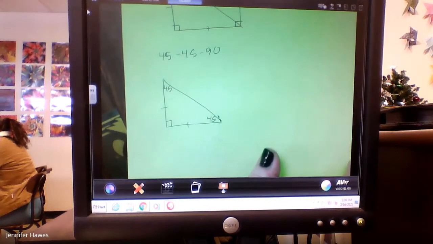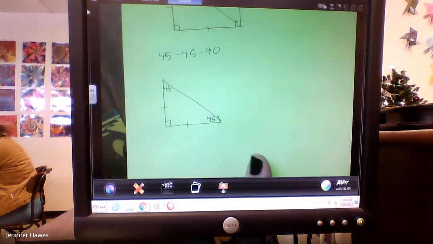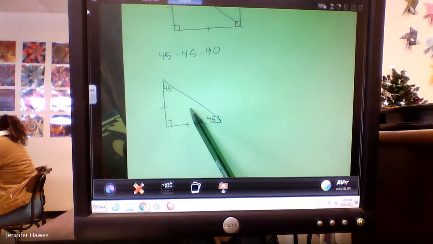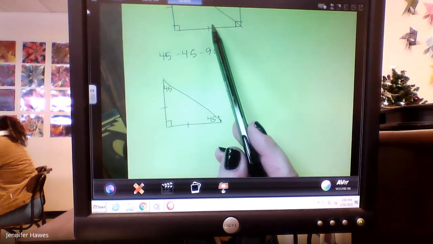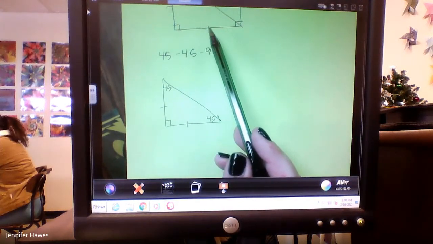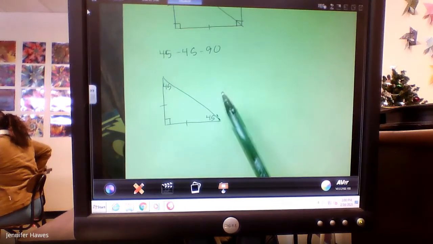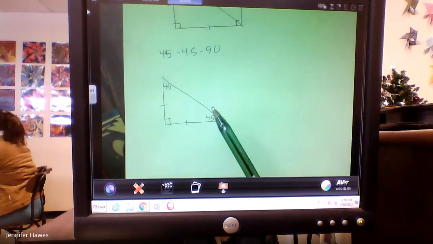I'll tell you the one next to it I want you to write down. Okay, so this triangle right here, it's an isosceles triangle. And where this came from is I just took this square and I cut it in half. I did a diagonal and created two triangles. Put this one right here. Okay, so we had a 45, 45, 90.